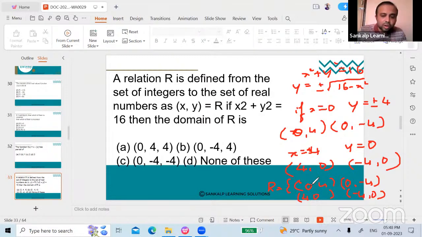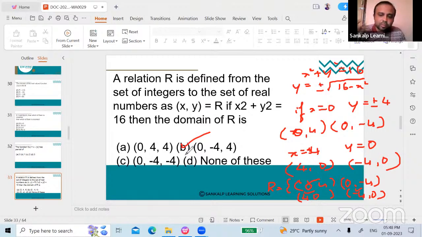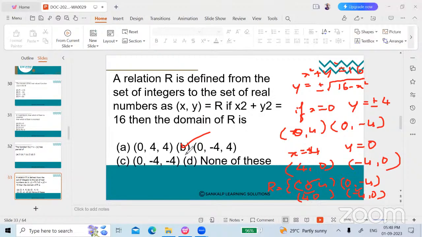Domain of R is 0, minus 4, 4. Correct? Yes, sir. So which option is right? Option B. Option B is the right answer. Yes, sir. 0, minus 4, 4 is the right answer. Cleared? Yes, sir. Okay.